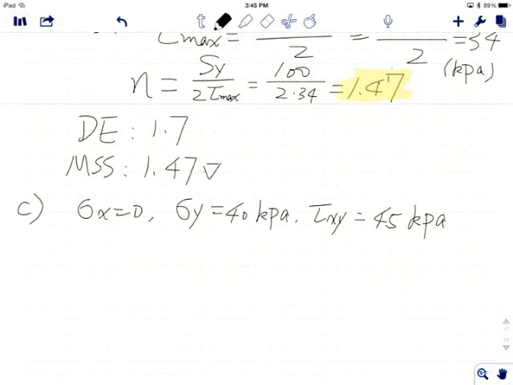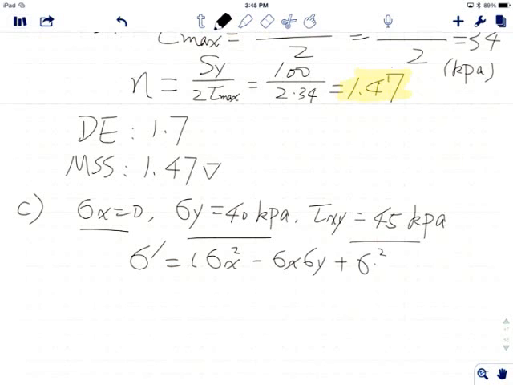Over here, there's again two ways of doing it, right? You have both normal stress and shear stress. You can calculate the principal stress, do the same thing as what we did in question B, or you can do the other way, like I mentioned. You just calculate the von Mises stress by definition.